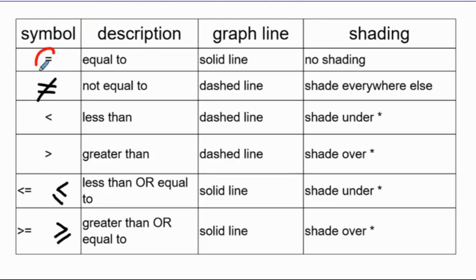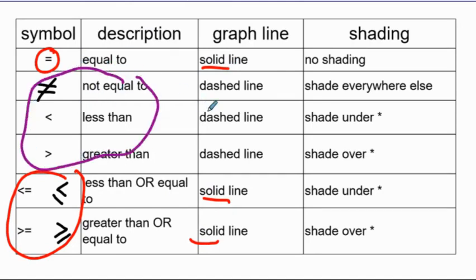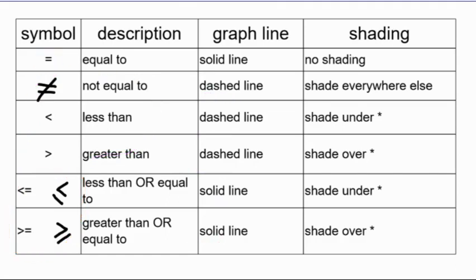Anytime that it's equal to, I'm going to circle these three, you use a solid line. When it's not equal to, you do a dashed line. So that's the first thing, is the line, solid or dashed. Then we have to look at what I call the shading. If it's a solid line with the equal to, there is no shading.